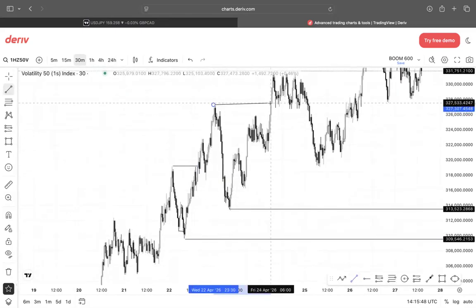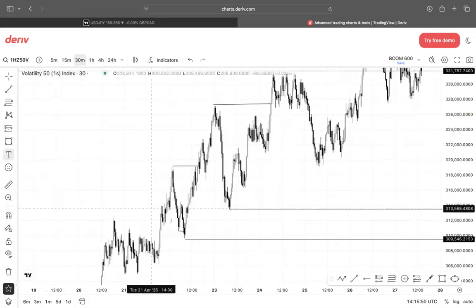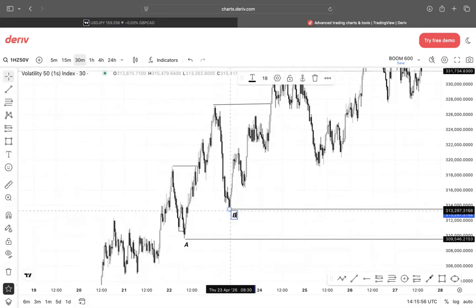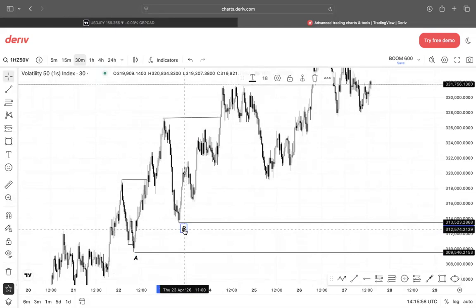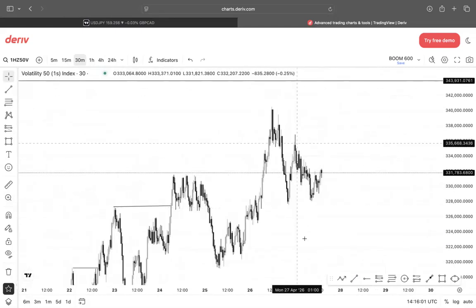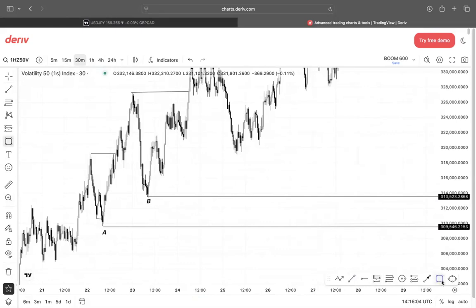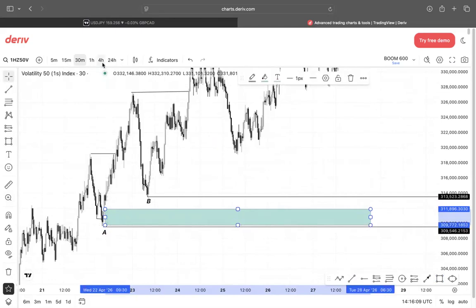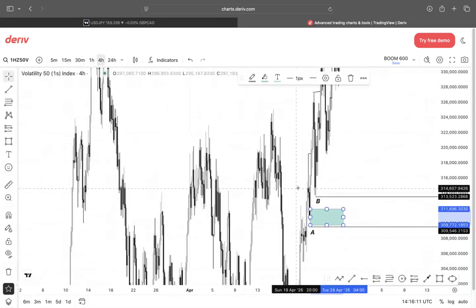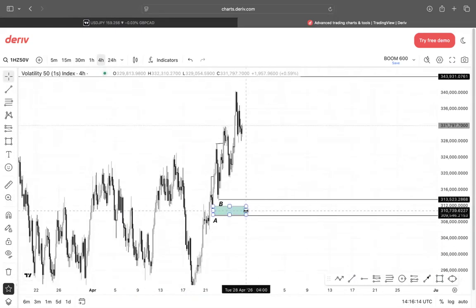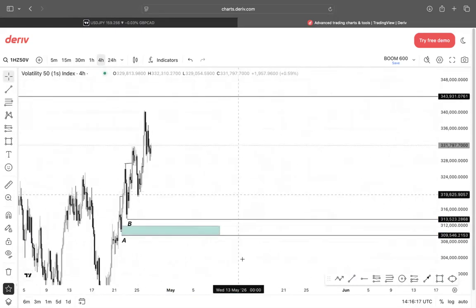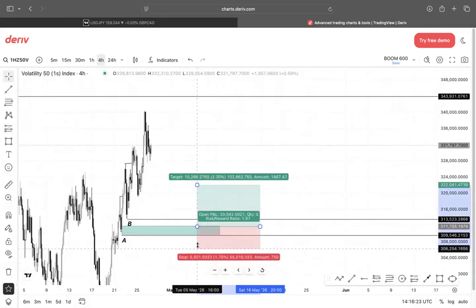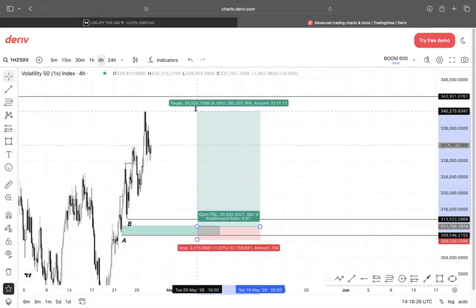So we have here as our point A, here as our point B, and where price is coming from before tapping on our POI will become our point C. So this becomes our POI. We are basically expecting price to tap here, and then we look out for a valid confirmation, and then we enter.